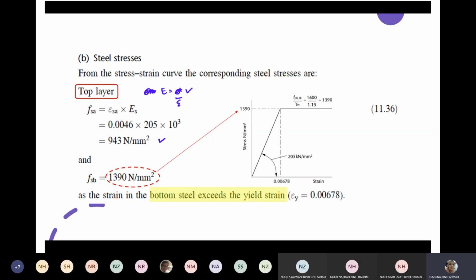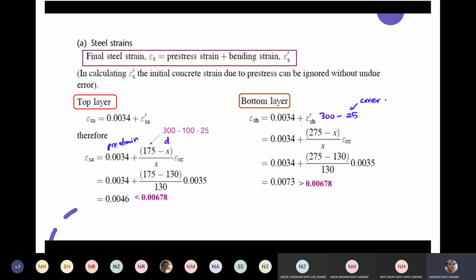Then for the bottom layer, we are going to use this maximum yield value. From the previous calculation, the strain value is larger than 0.00678, which is the yield strain.